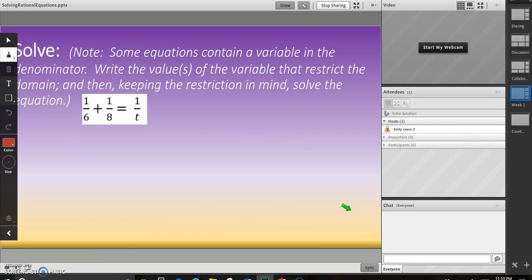All right, so here we are. We need to figure out the least common denominator. So what I'm going to do is 6 times 8 times t. So that's 48t. I need all of these guys to have a 48t.